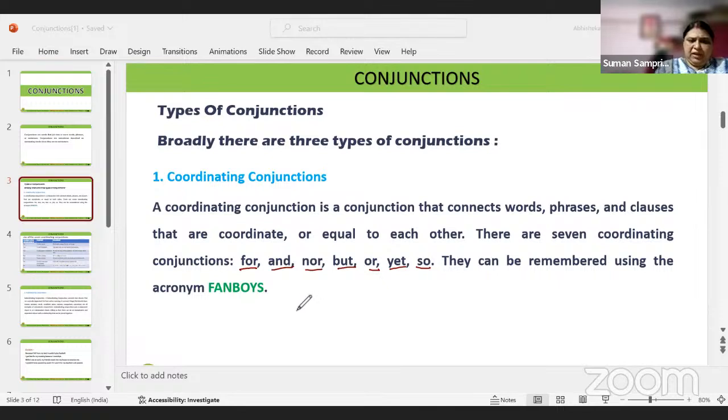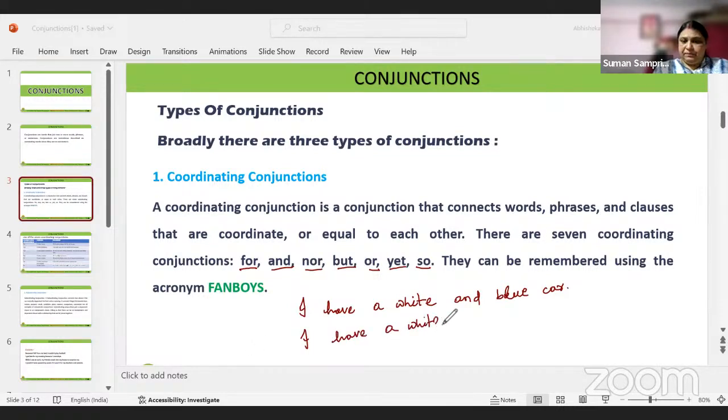For example, if I say, I have a white and blue car. And if I write another sentence, I have a white car and a blue car. See, both parts are important and both talk about the identification of that thing.